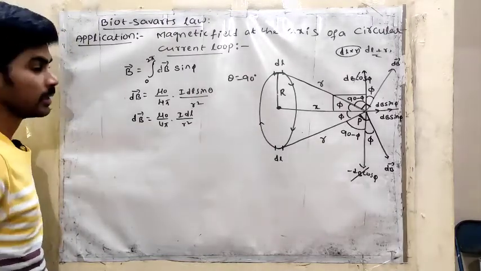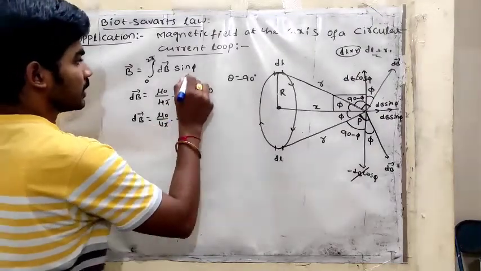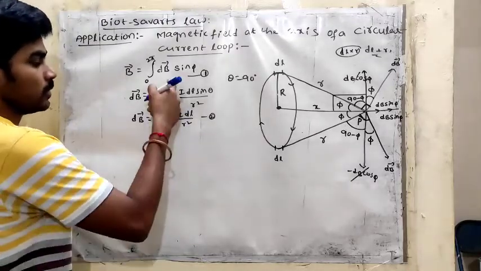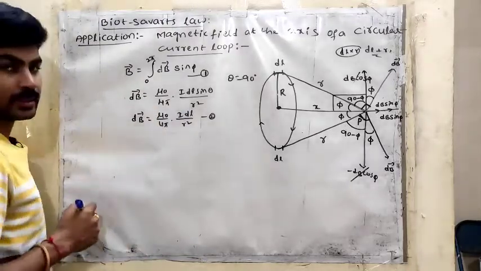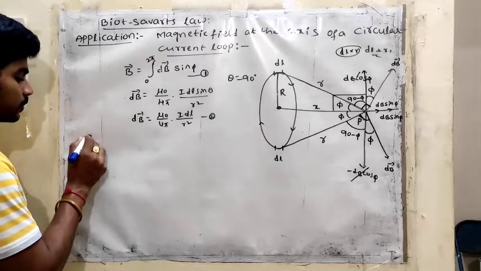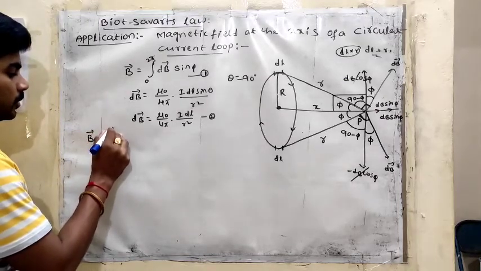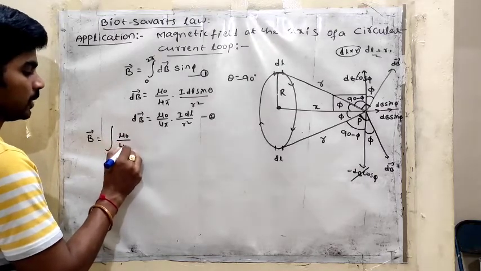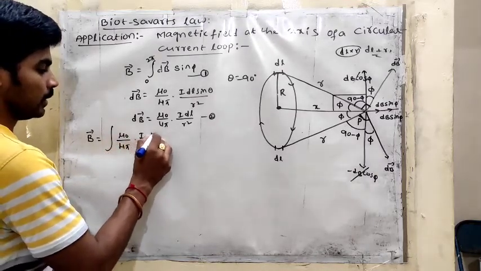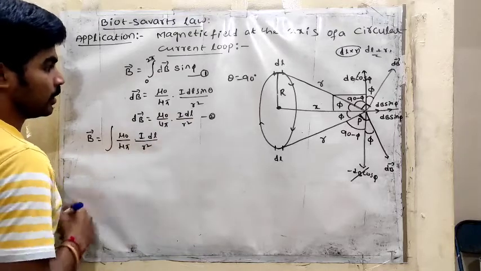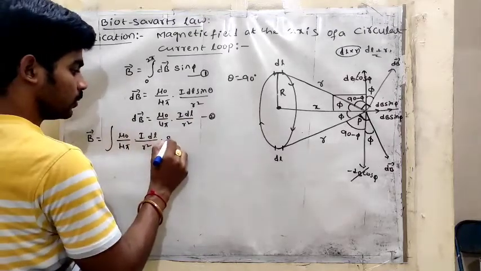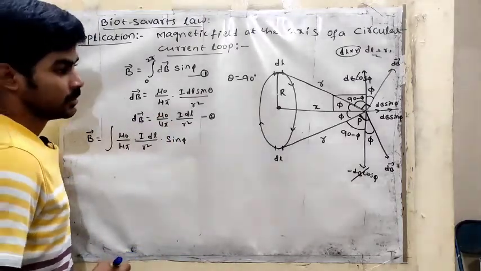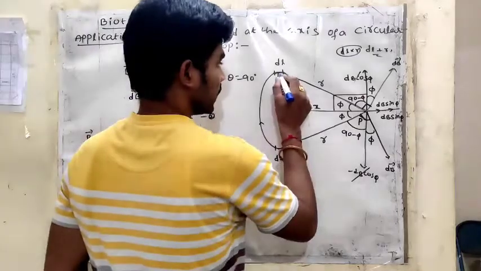See how I am calculating the dl value. Let us consider this dB value as equation 1 and this as equation 2. Substitute equation 2 in equation 1 to get the net magnetic field. B bar is equal to the integral of dB, which is mu naught by 4 pi into I dl by r square, into sin phi. Here I am writing the sin phi value; you can take any one triangle.